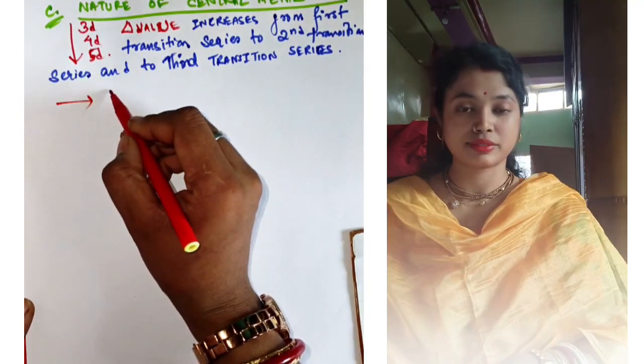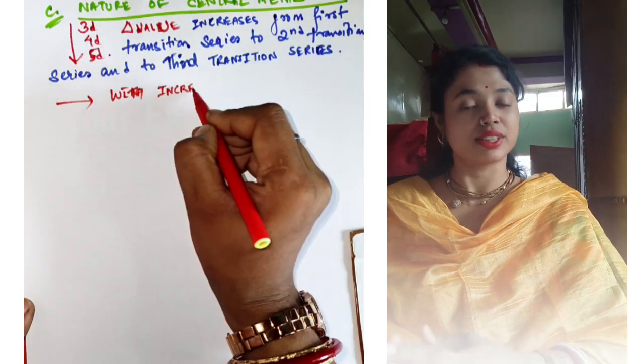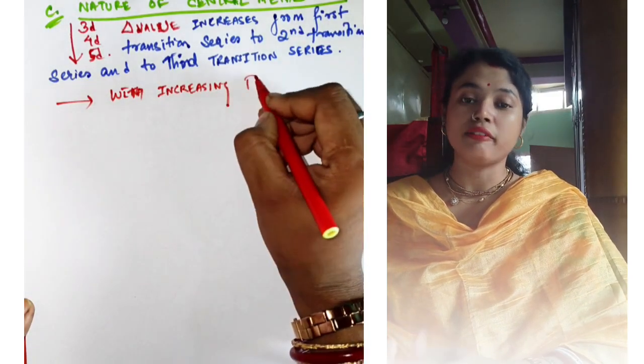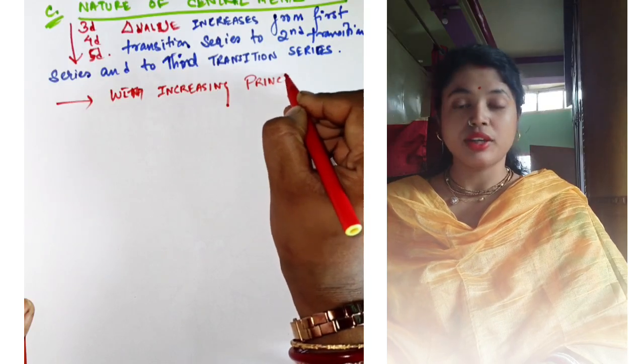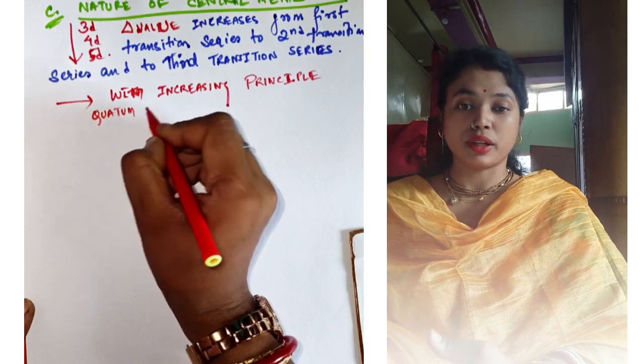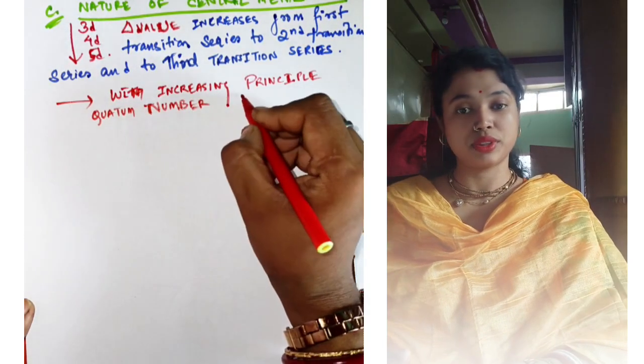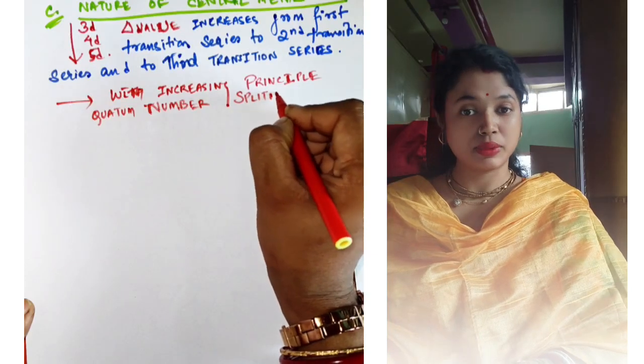So, with increasing principal quantum number, splitting increases. Splitting of the complex increases.